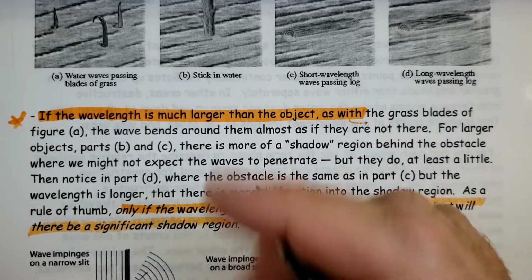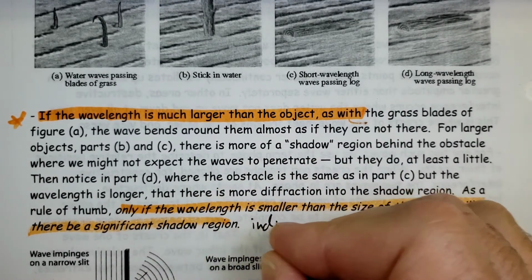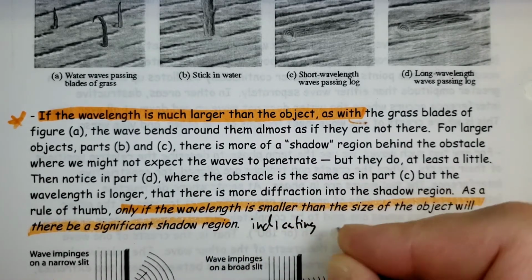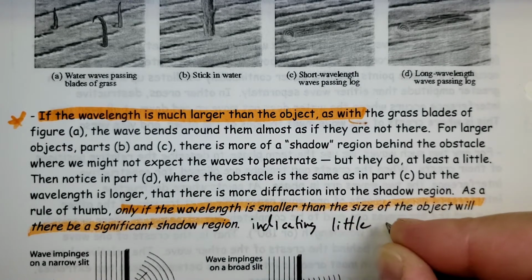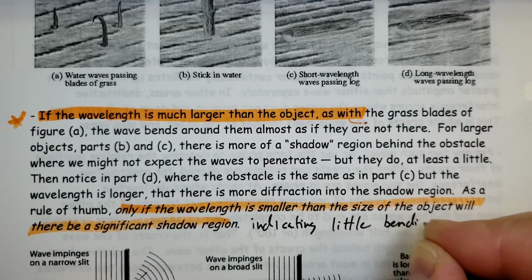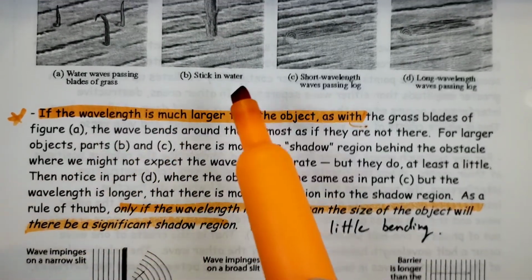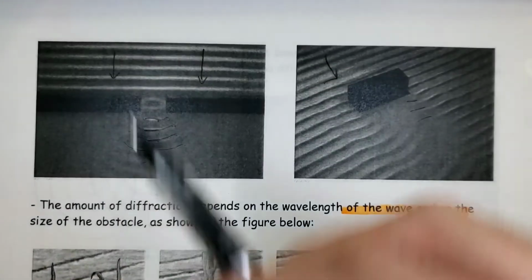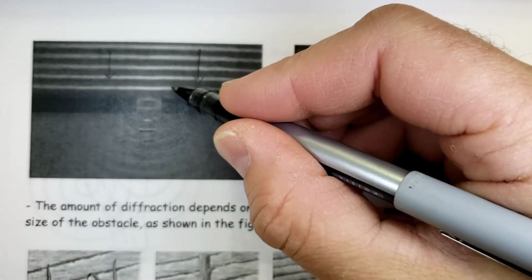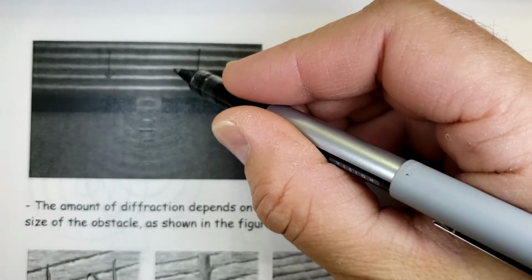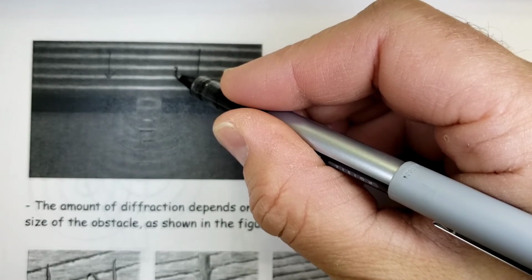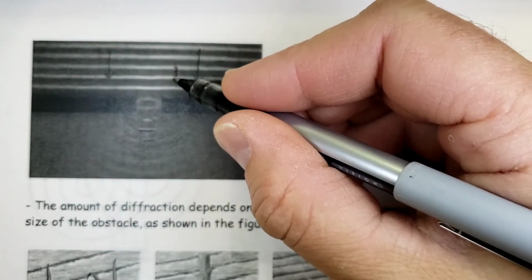So what that means is indicating little bending. If it's a really small wavelength, and by wavelength, of course, what I mean here is if we assume these lines are crests, the distance from crest to crest is a wavelength.